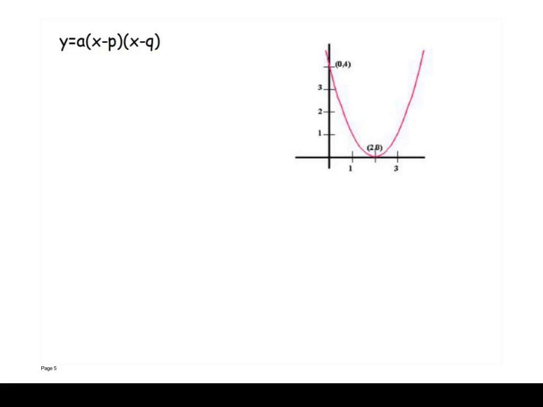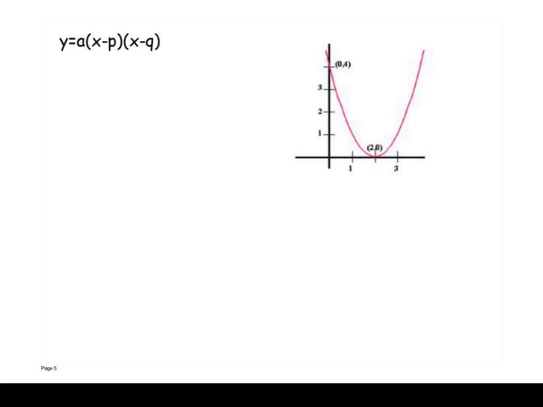So let's look at a final example. We have the graph here, and our x-intercept is located only at a single point. Since our parabola only crosses the x-axis at a single point, that means that our p and q both have to be the same value.